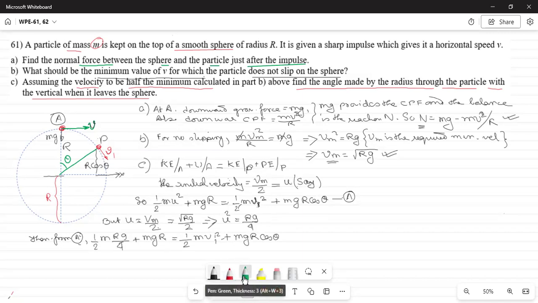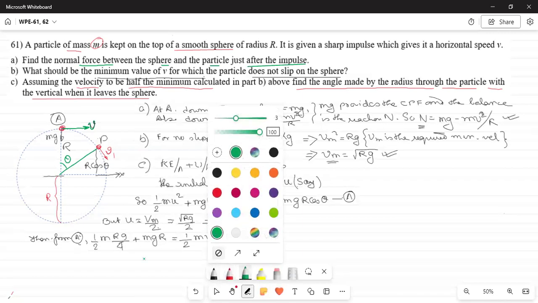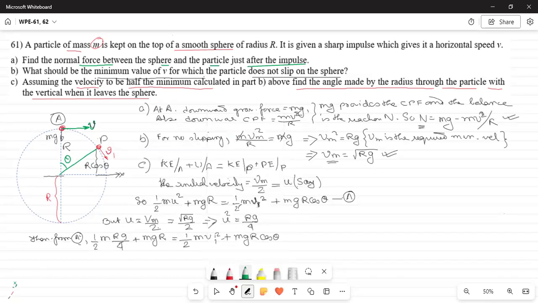From here, all m gets cancelled. And here we have Rg by 8. So we multiply both the left-hand side and the right-hand side by 8.